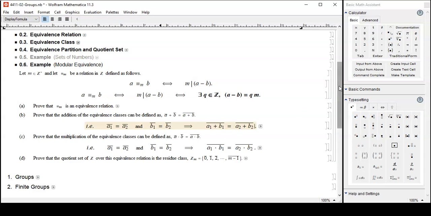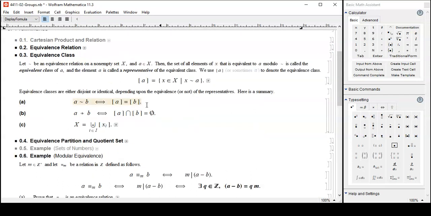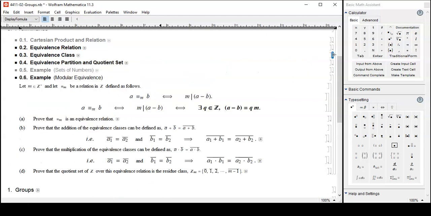When do we have two identical equivalence classes? There you go. Two equivalence classes being equal means the representatives are related. So representatives should be related according to congruence modulo m, like this. So you have this one and that one.